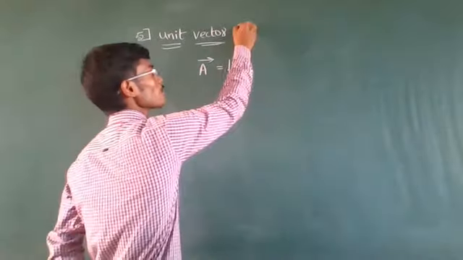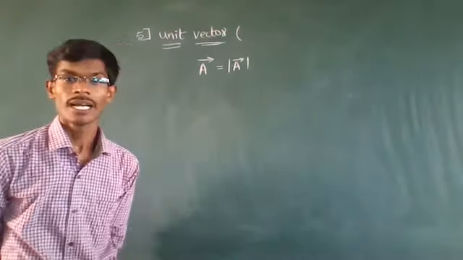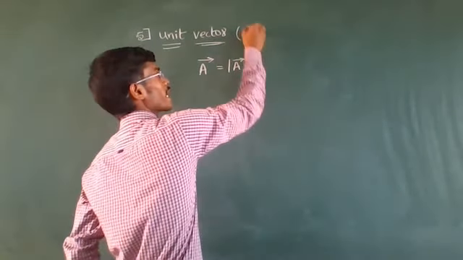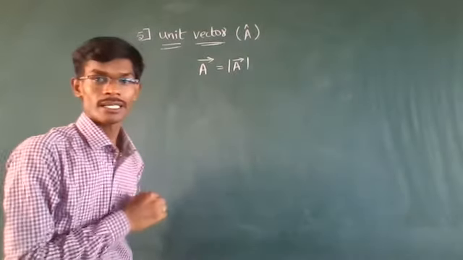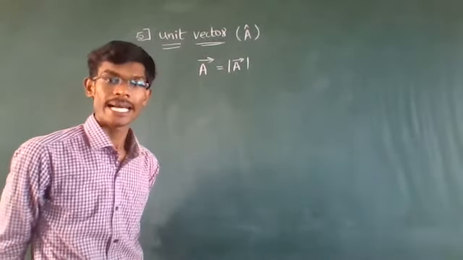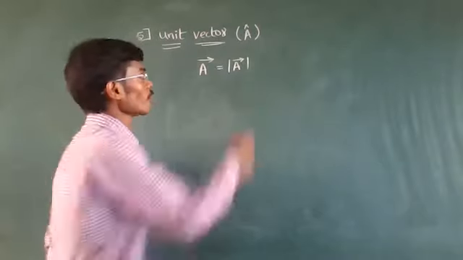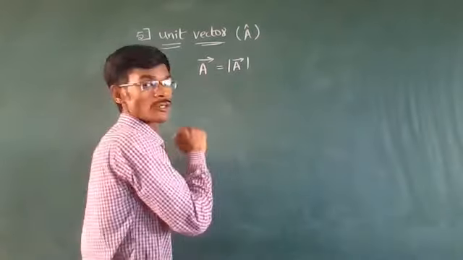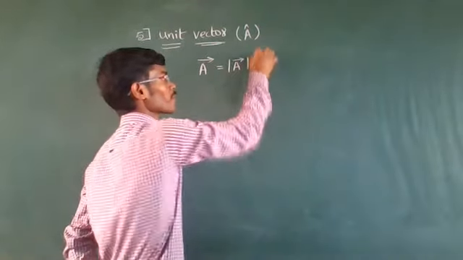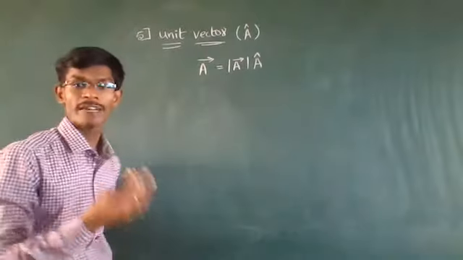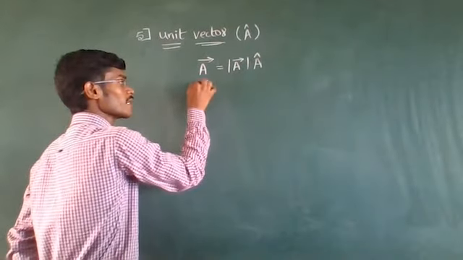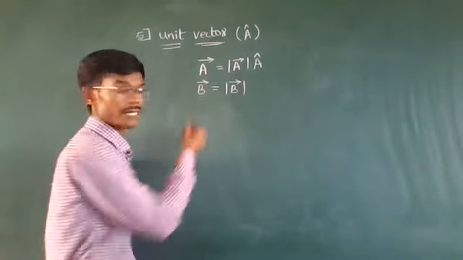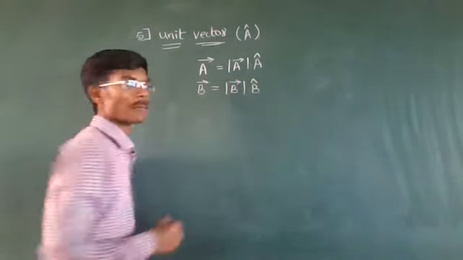These unit vectors are represented with a cap over an alphabet, which can be called a cap or a hat. So unit vectors are used to represent the direction. This is the magnitude, and the direction is the cap. Similarly, b bar is equal to modulus of b bar, the magnitude, and b cap is used to represent the direction.